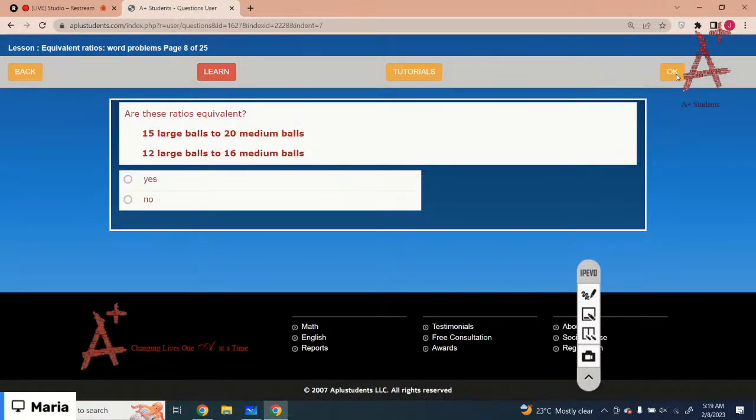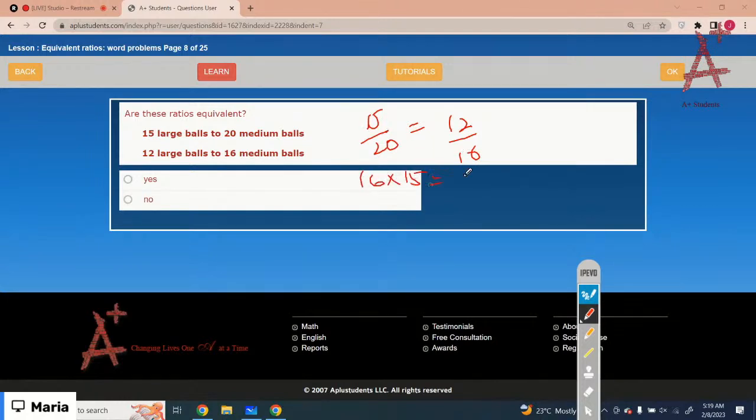Are these ratios equivalent? You have 15 large balls equals 20 medium balls. So it would be 15 over 20 equals 12 large balls to 16. Got it? Just do 16 times 15 and 12 times 20.